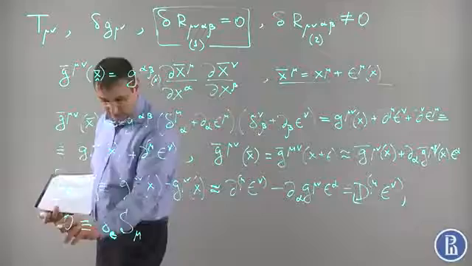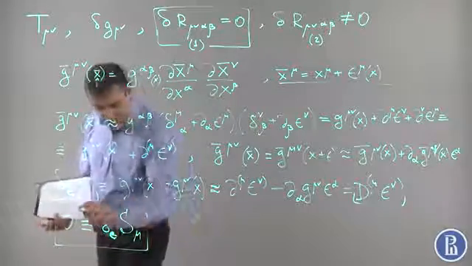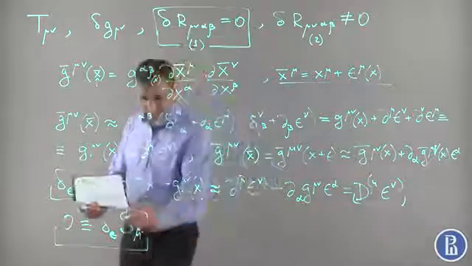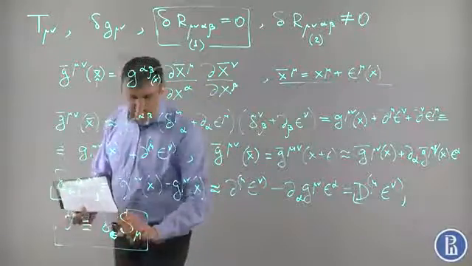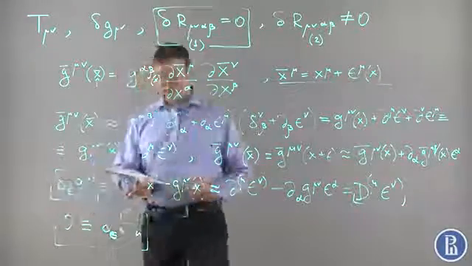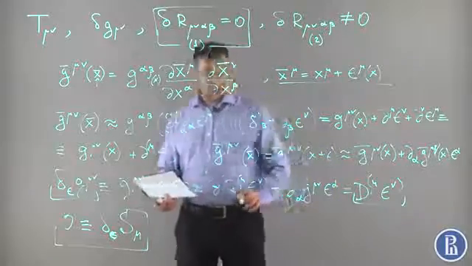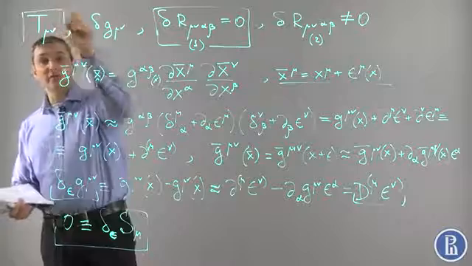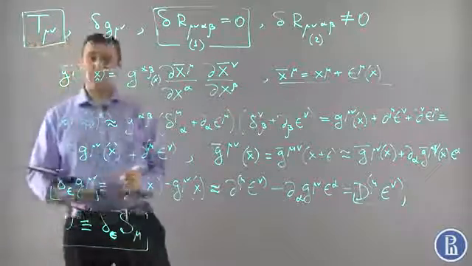This is just a trivial relation, so to say. This fact doesn't lead to equations of motion. Now we're going to use this fact to draw conclusions about the physical meaning of this quantity.